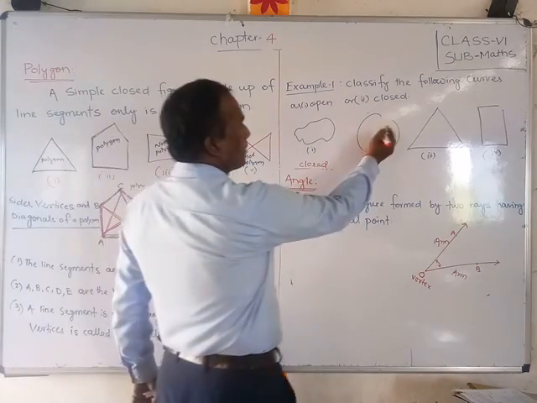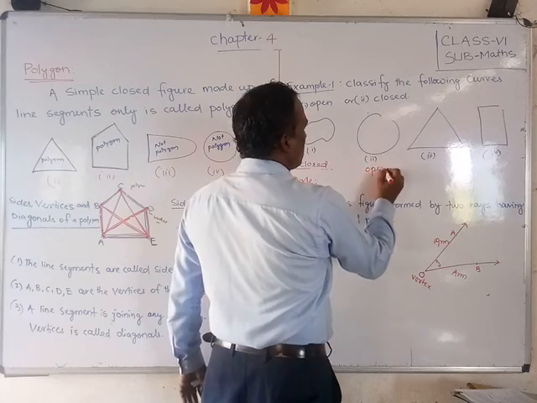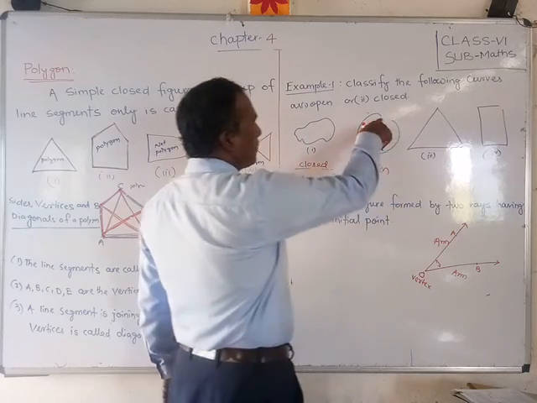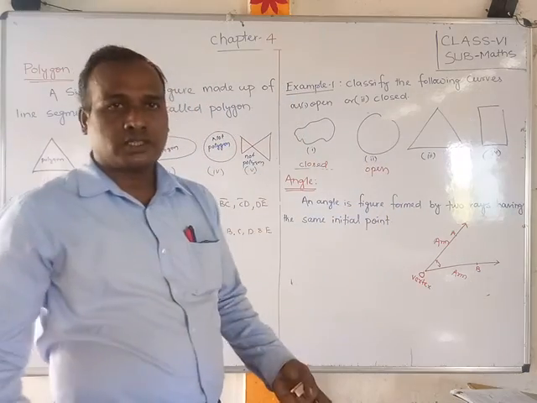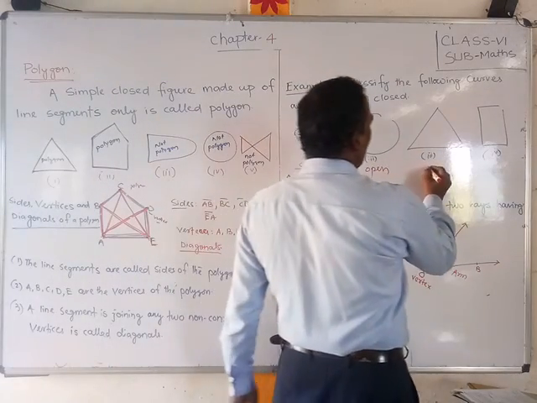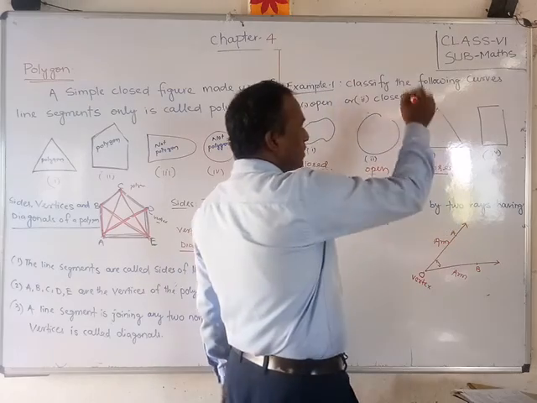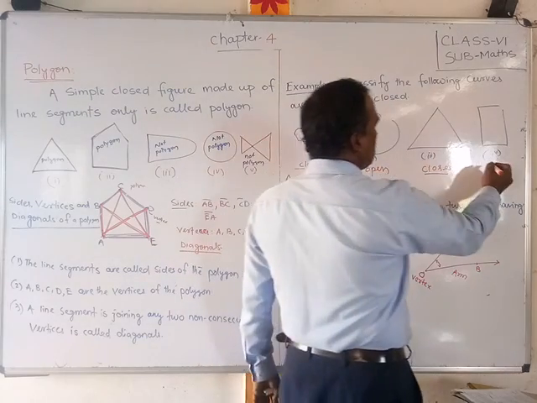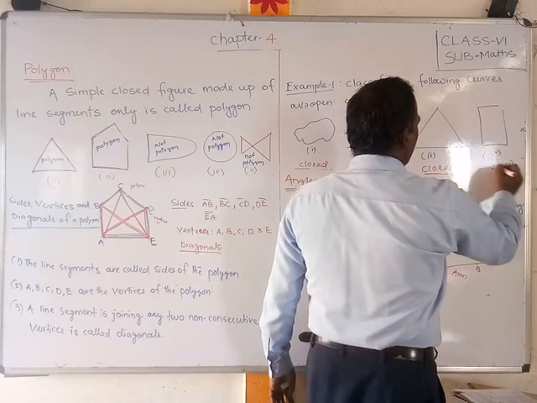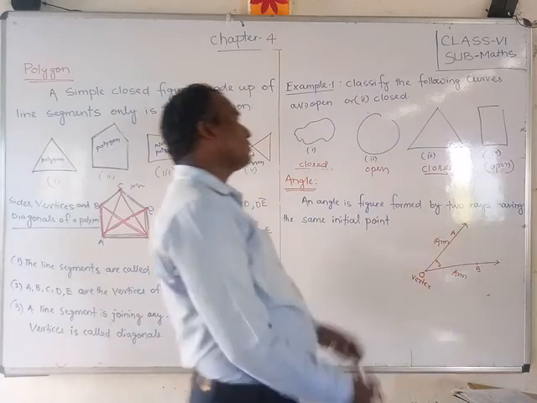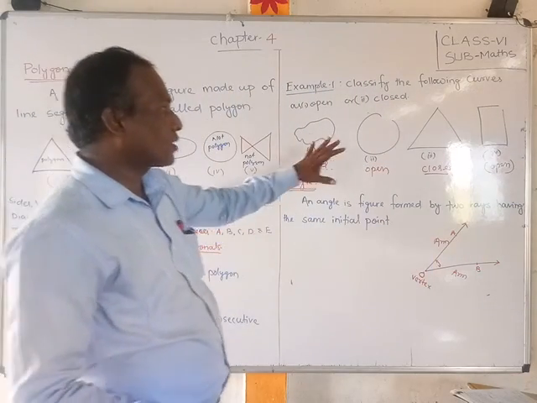This is open. Why? Because it is not joined. The starting point and end point are different. This is closed, because there is no separate starting point and end point. This is open. So we can identify which curves are closed and which are open in this way.